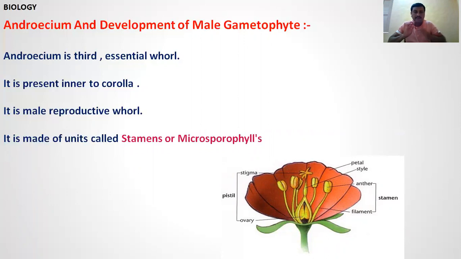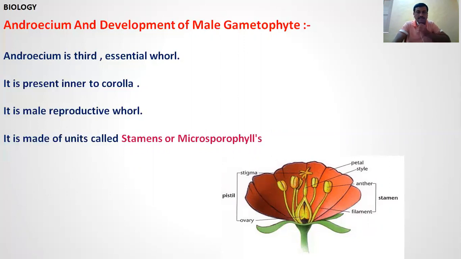The Androecium is the third essential whorl, the third innermost whorl of the flower. First the calyx, second the corolla, and third the Androecium, like this diagram.